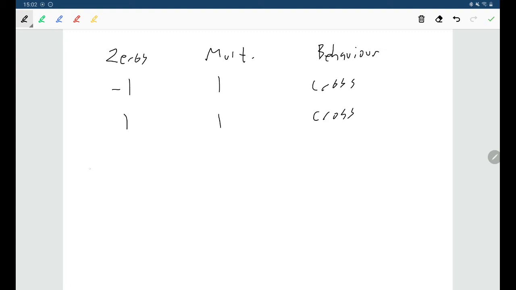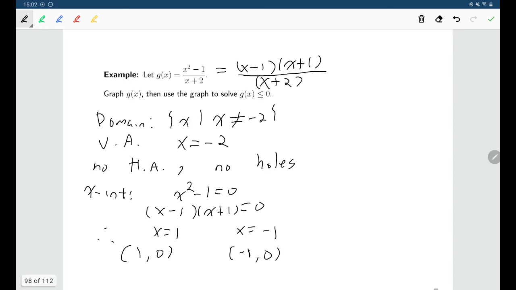And then lastly, we also want to find our y-intercept, and our y-intercept happens when we let x be 0. So we're going to take our original function g of x, which of course is the same as the simplified version of g of x, put in 0 for x, and we will see what we get for our y value.